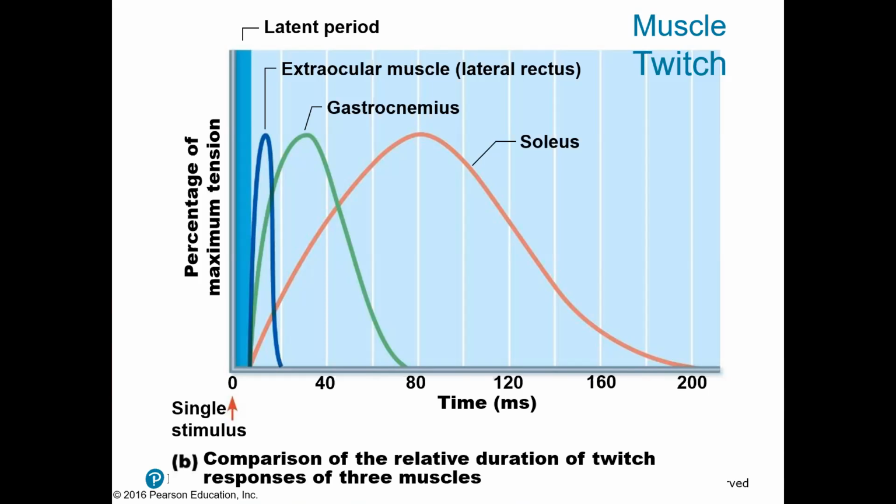We can't comprehend how quick the muscles of our eye work or how often they're moving around, or the same with our gastrocnemius. So despite the fact that there are some significant differences here in the speed of contraction and relaxation, to us, it's all instantaneous. But different muscle cells are going to contract at different rates.